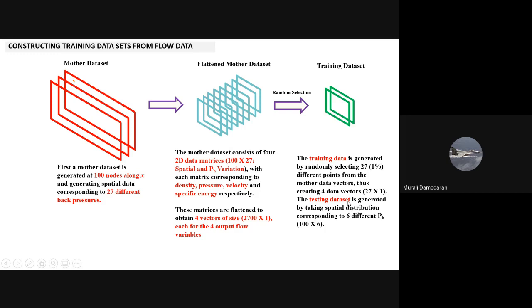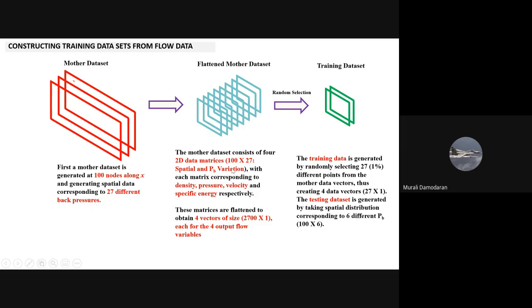So you have to, again, concatenate the data set just like ROM, so you have a big mother data set generated at 100 nodes along the X direction. It will generate spatial data corresponding to 27 different back pressures.